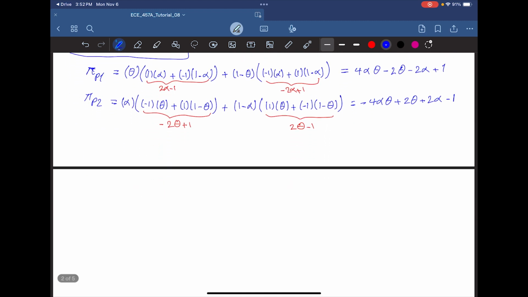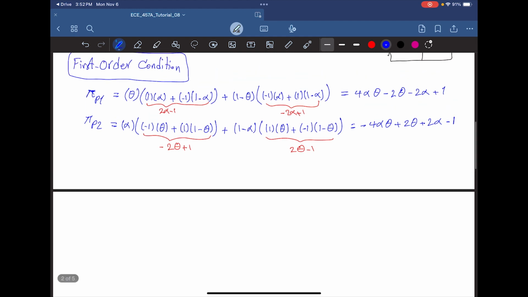So we will have the partial derivative of pi P1 with respect to theta, which is equal to 4 alpha minus 2, set it equal to 0, and that will give you alpha equals 0.5.